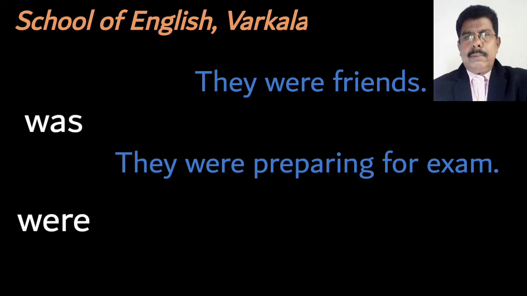So we have seen five verbs: is, am, are, was, and were. These are the first five verbs which belong to the family of auxiliary verbs. Though they belong to the family of auxiliary verbs, they can stand independently. They can stand by themselves. And there are such verbs in the family of auxiliary verbs.